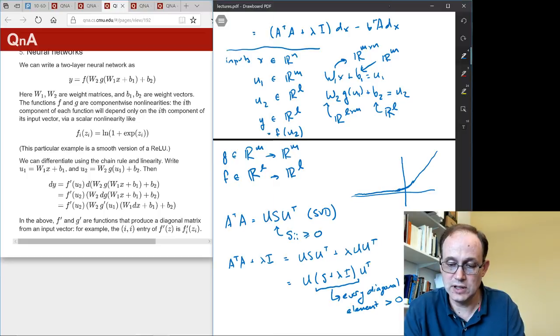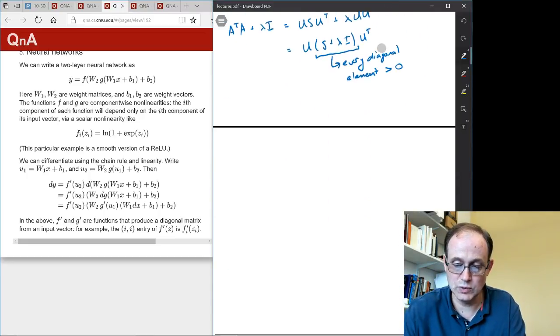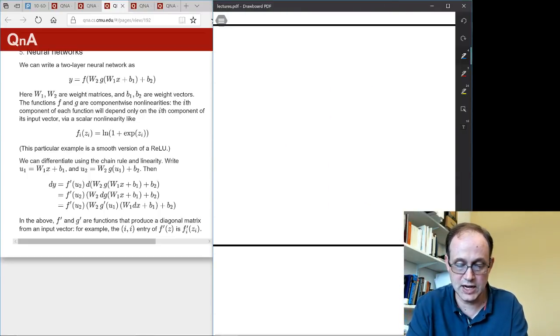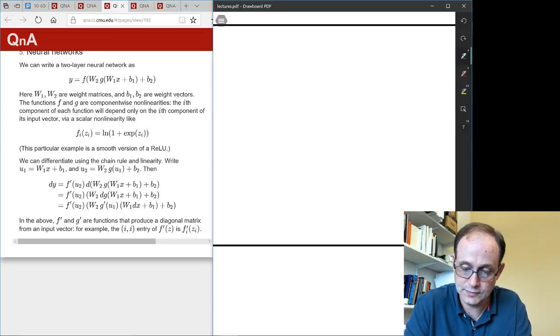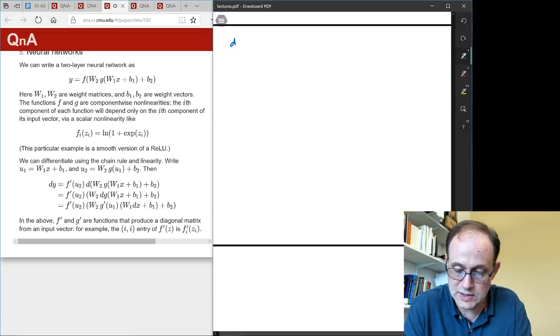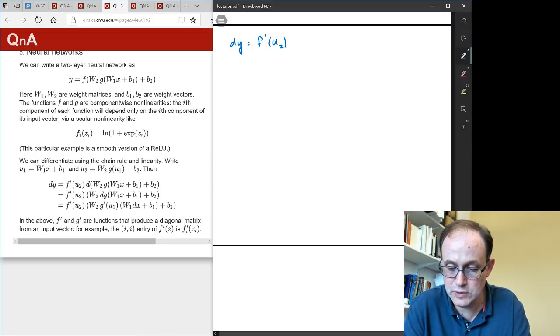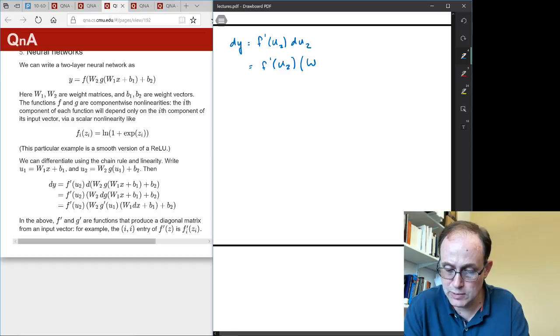We'll write this out, and I'll change it again after class. So dy is equal to f prime of u2 du2, which is equal to f prime of u2 times W2 dg of u1, and then the b2 vanishes.